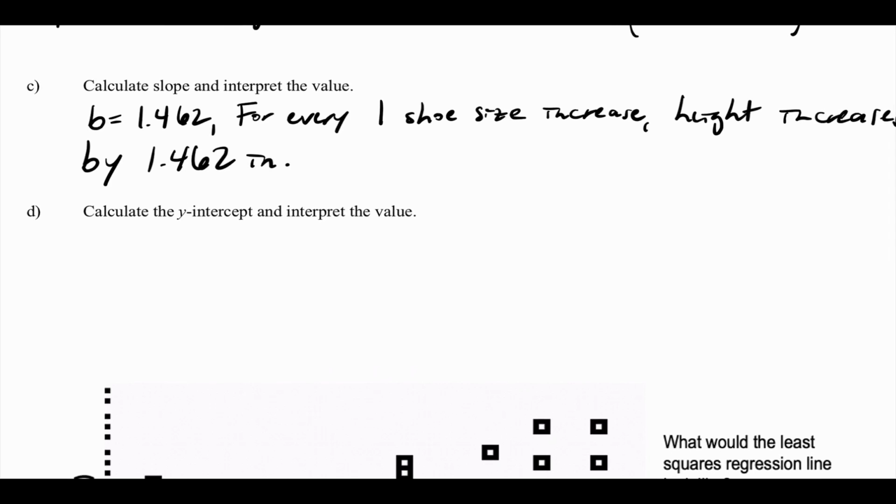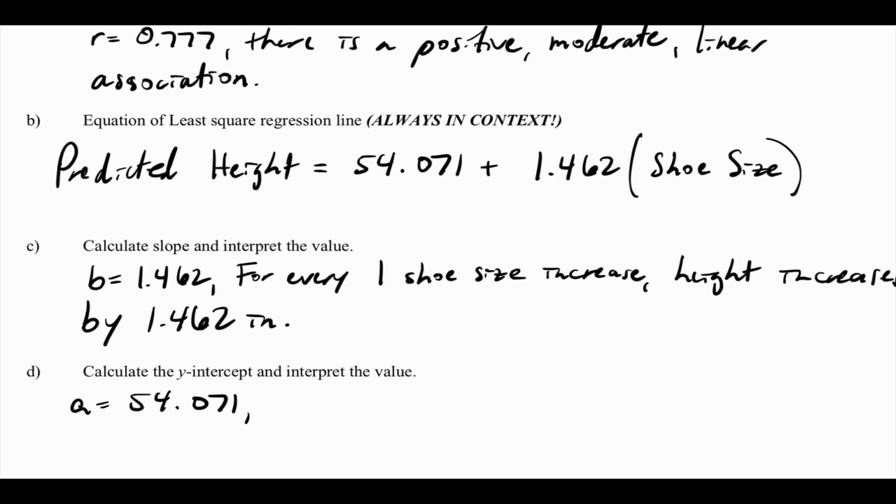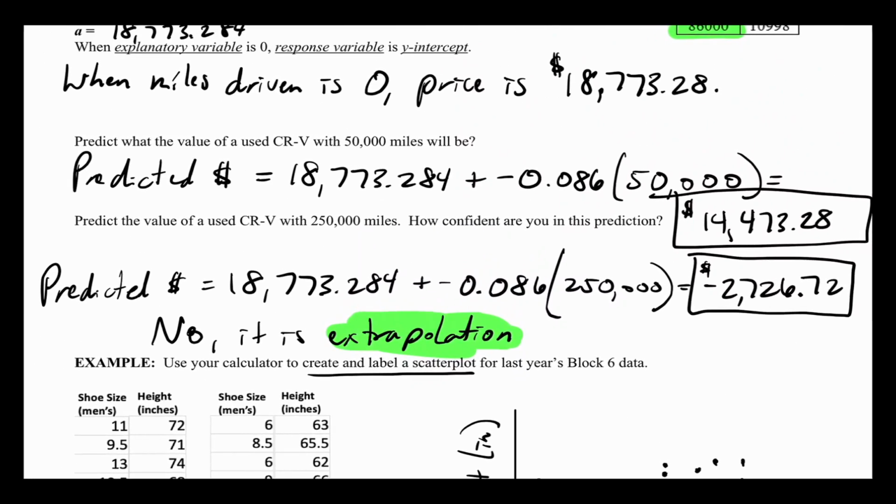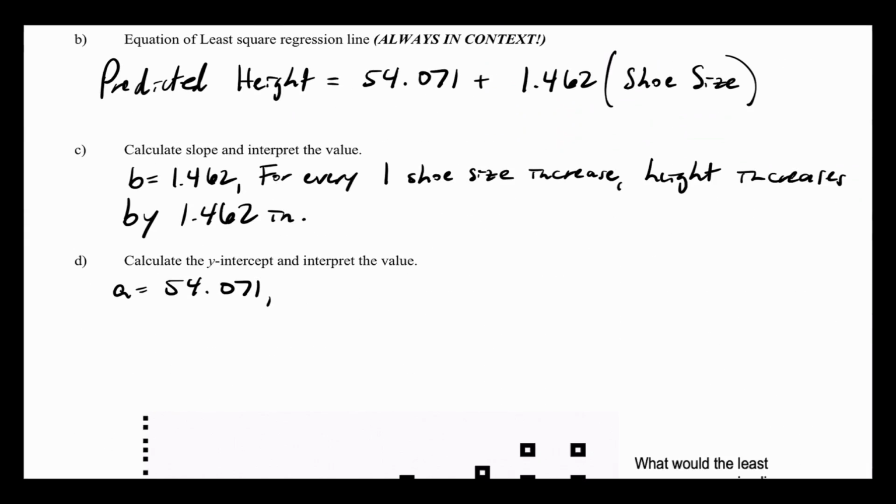Okay, last one. A is 54.071. That's the y-intercept. Interpret it. All right, well, I'm literally going to copy the sentence frame I had on the previous page. When explanatory variable is 0, explanatory is X. X is shoe size.